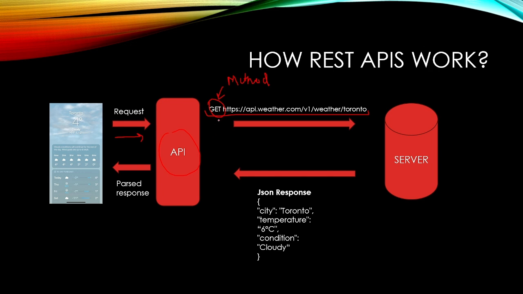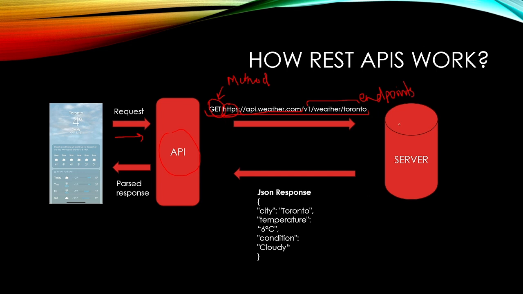So that is a GET method, and it has a URI which consists of a protocol, which is HTTPS, a secured protocol, and a domain where the data is stored, and this is the endpoint. This is called the endpoint, which defines what information you need.